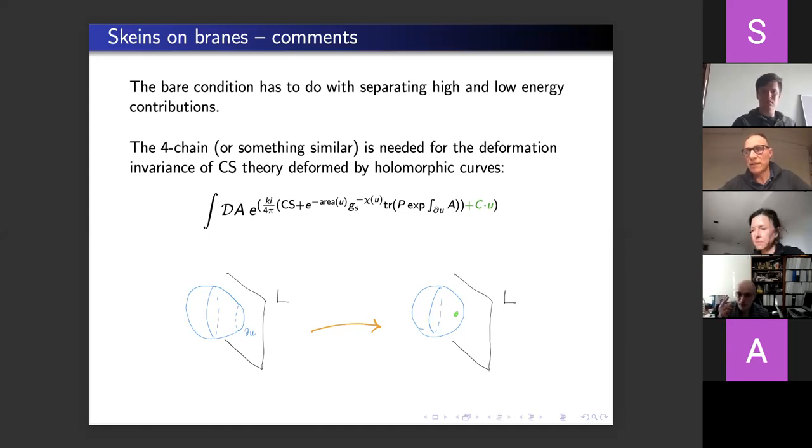You cannot make sense of the path integral without the framing on the knot. There are two framings in Chern-Simons: the three-manifold framing and the knot framing, and knot framing appears even in the U1 case. Yes. You need to say how you shift it off.